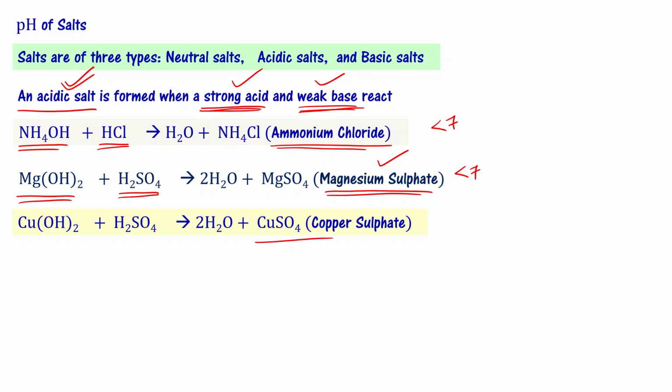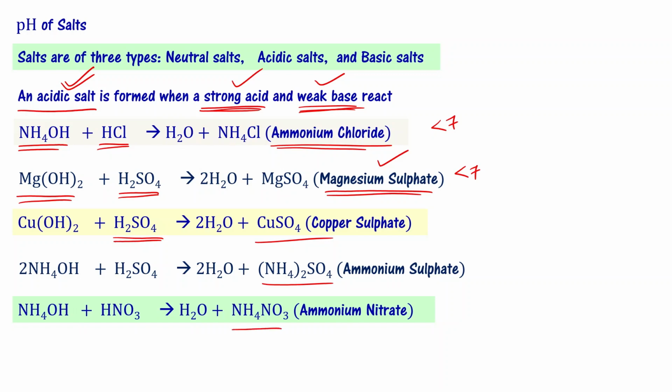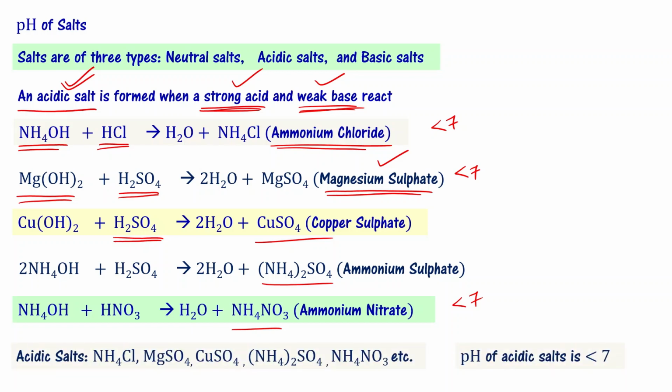Copper sulfate, because it comes from a strong acid, is also an acidic salt. Ammonium sulfate is also an acidic salt. Ammonium nitrate is also an acidic salt. Its pH is also going to be less than 7. So here we have a few examples of acidic salts. Their pH is going to be less than 7.